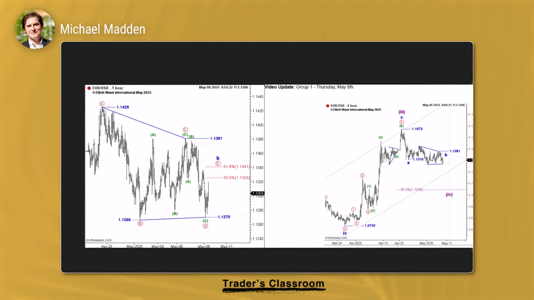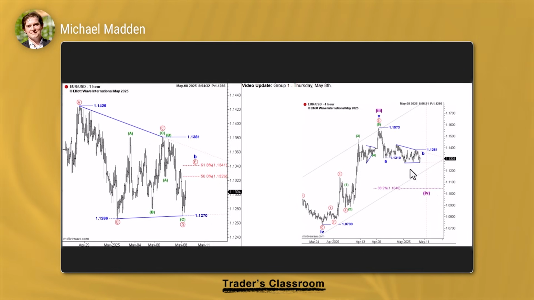So moving on to another chart, we can see that we did update the count. We didn't get a decisive breakdown, i.e. the thrusting price action, and we were then allowing for ongoing corrective price action to complete a still developing triangle using a key level for lower. But at this juncture, we hadn't the end of wave B to work with, so we didn't have a Fibonacci expansion or projection.